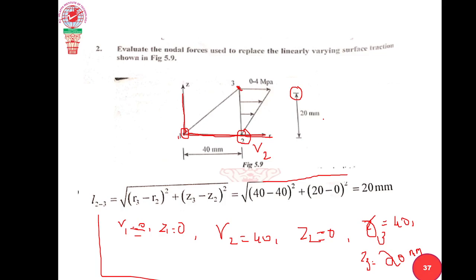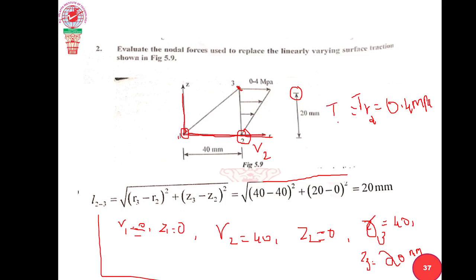Also write down one more data. TR equals how much megapascal? 0.4 megapascal. This TR acts on which nodes? Nodes 2 and 3.